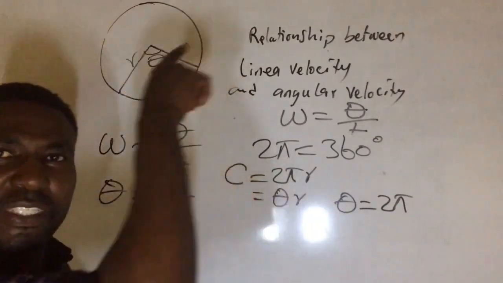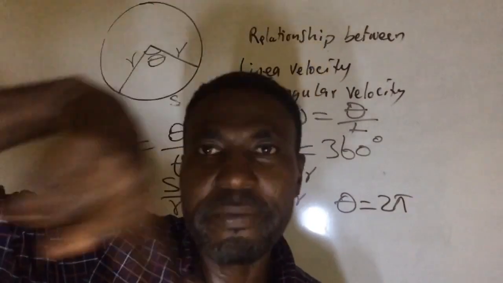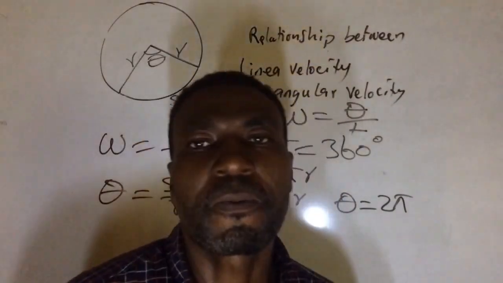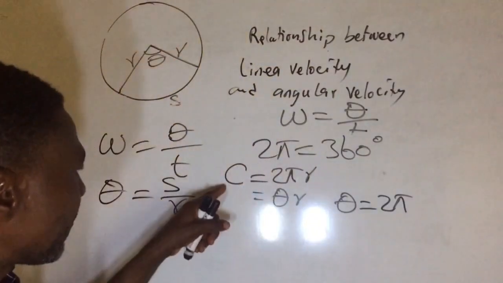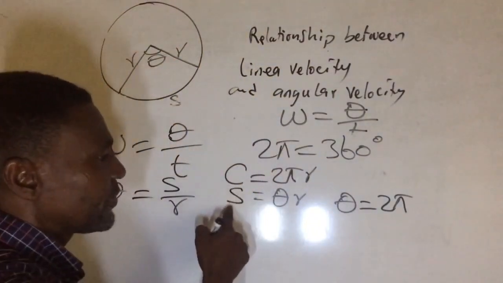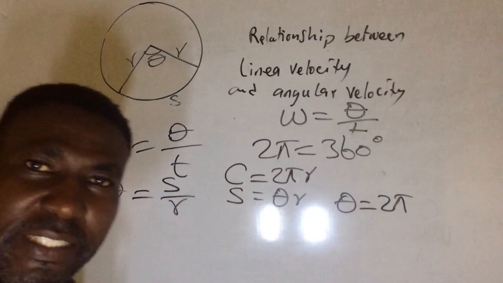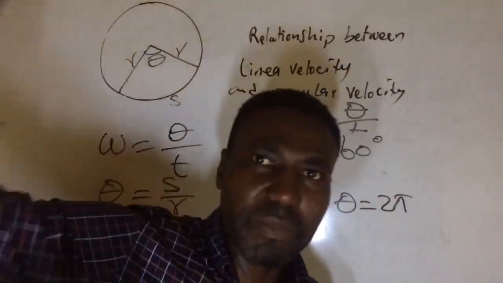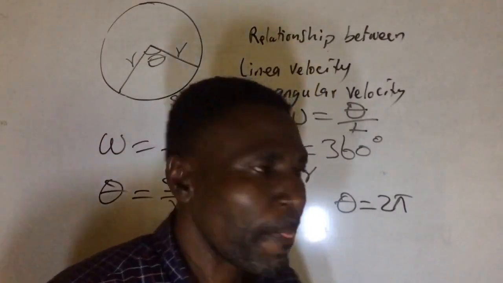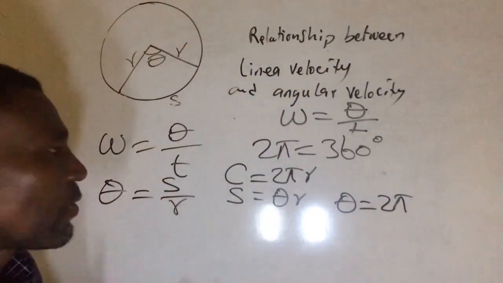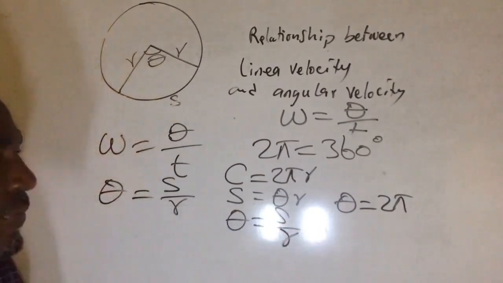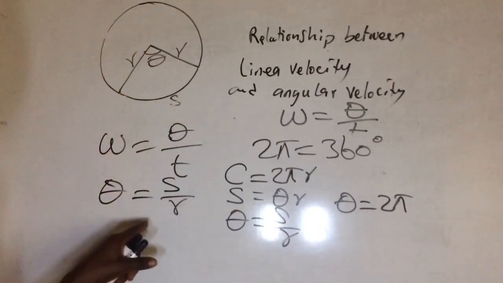And the circumference of a circle is the distance of the circle, which we may represent as s. Let s represent the circumference of the circle, the distance turned through. Making theta the subject of the formula, we now have theta equals s all over r. That is how we got this.